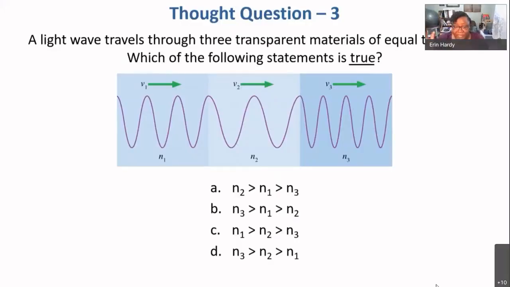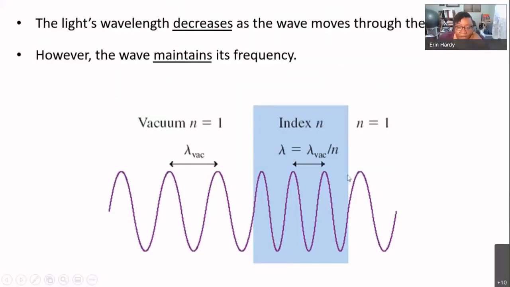Okay, so the first thing that you want to pay attention to are the interfaces, or the boundaries between these different materials. We see that when the light wave is going from material 1 to material 2, it's stretching out. If we roll backward a slide, this is the same thing that we saw on the right-hand side of that example, where the wavelength gets larger when you're going from a higher index material to a lower index material. I didn't mention it on that slide, but anytime you see something shaded like this in the illustrations from our textbook, that's meant to represent a material that has a larger index of refraction.